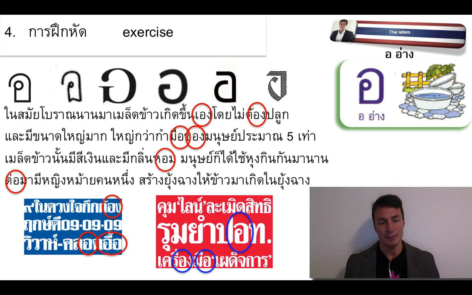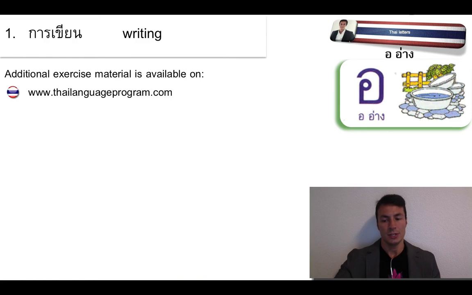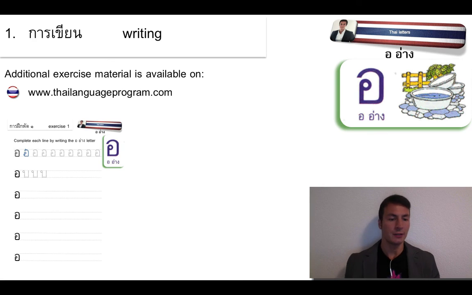Okay, if you found all of these, that's great, and there will be additional exercises towards the end, which I am going to introduce right now. On thailanguageprogram.com, by signing up for the free forum access membership, which is completely free of charge, you will be able to access practicing material for all the consonant lessons which are freely available, where you can learn how to actually write the ang on a sheet of paper.